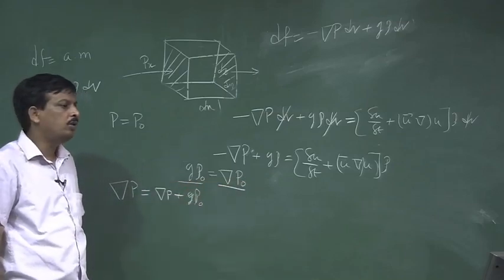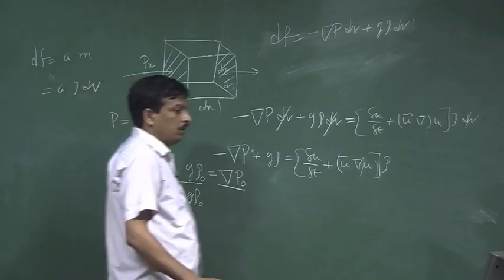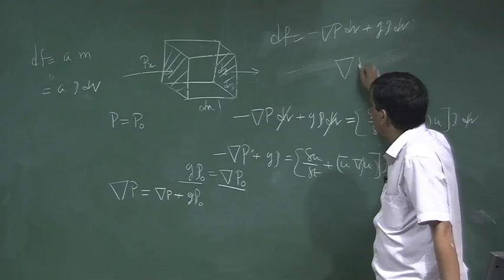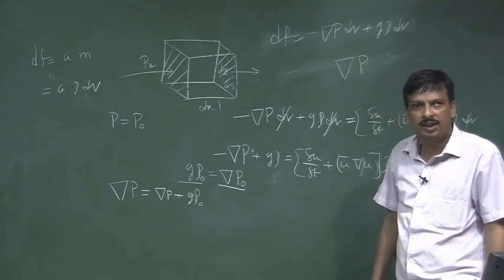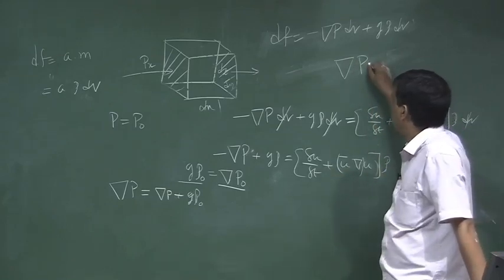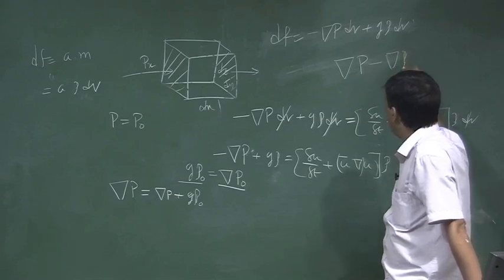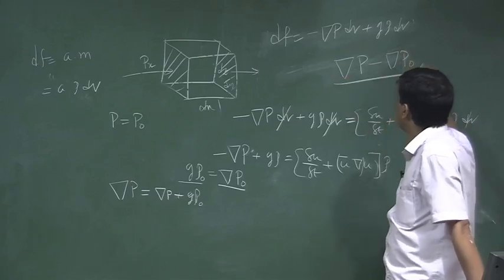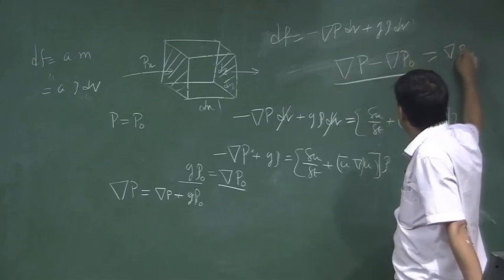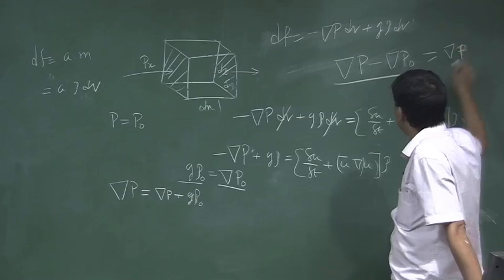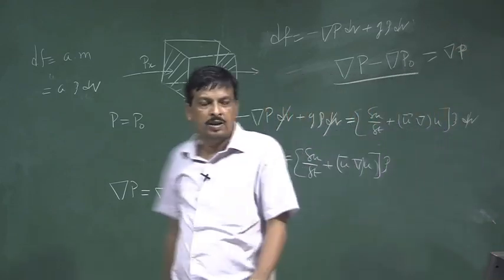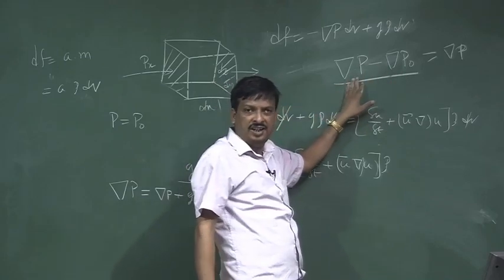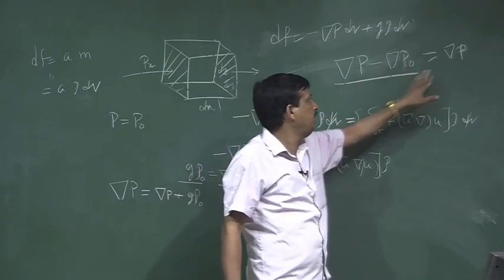Okay, gravitational force. So, what I said is that ∇P is the total pressure. ∇P minus ∇P0 is nothing but ∇ small p. Let me write small p like this way. Instantaneous pressure minus equilibrium pressure is equal to the acoustic pressure.